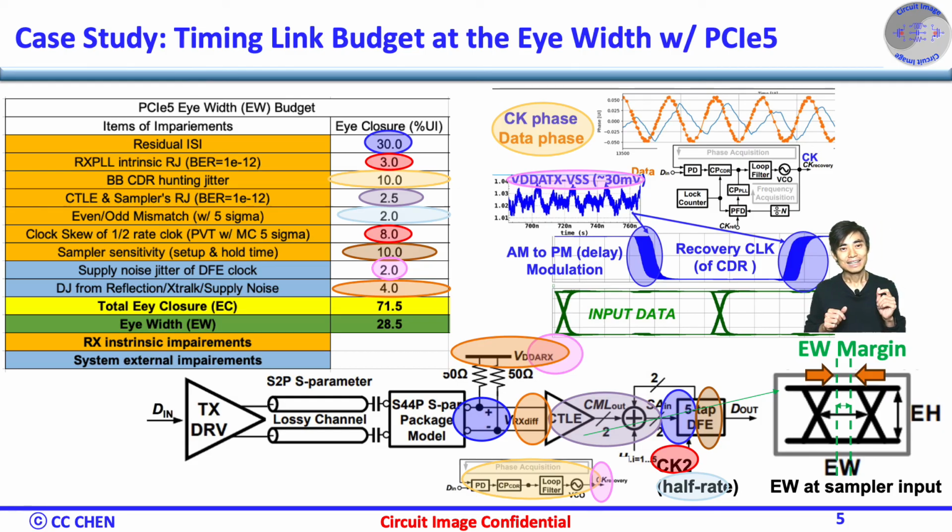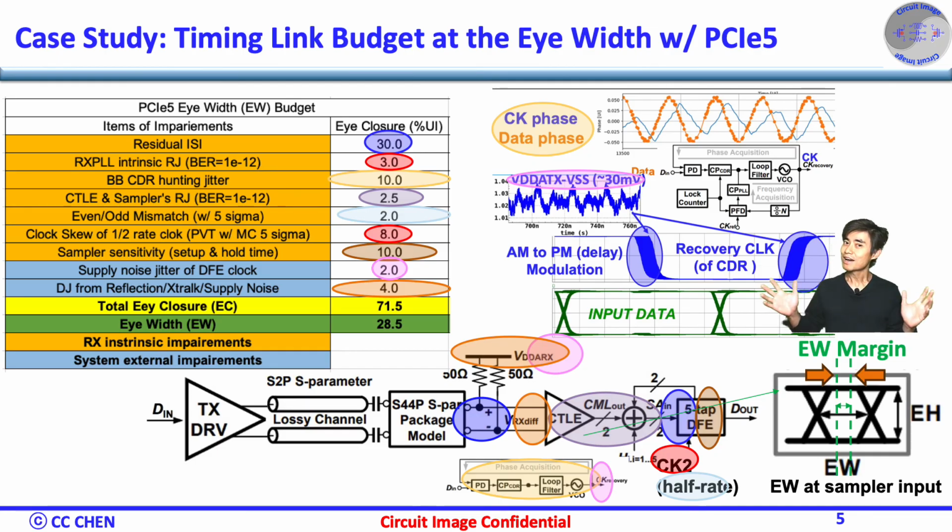Lastly, the half-rate clocking's residual phase error could be 2% UI after phase calibration. Finally, the total eye width margin is 27% UI at bit error rate equals 1e-12. Then, remember, we have the eye height 107 mV and eye width 27% UI.